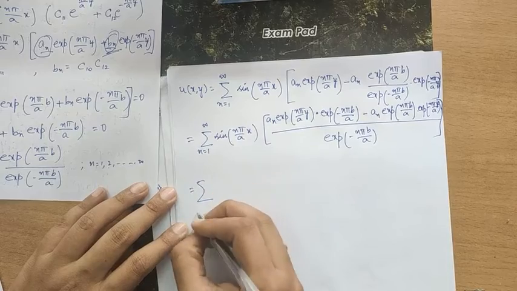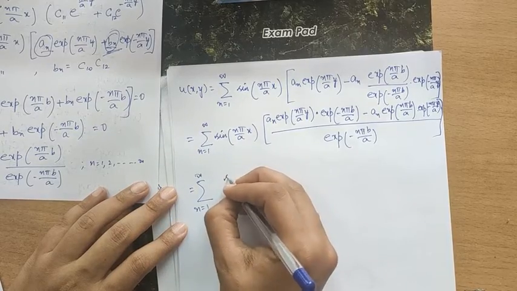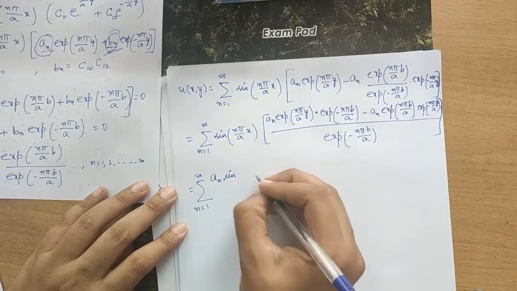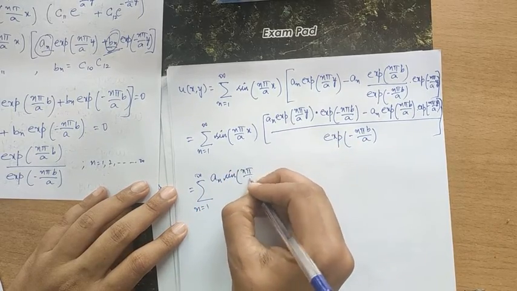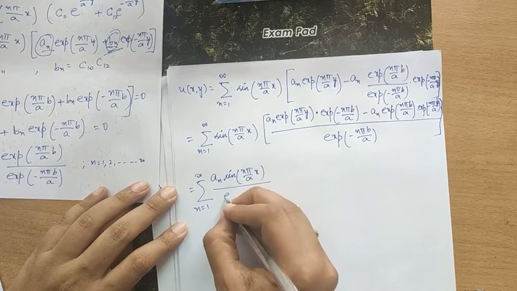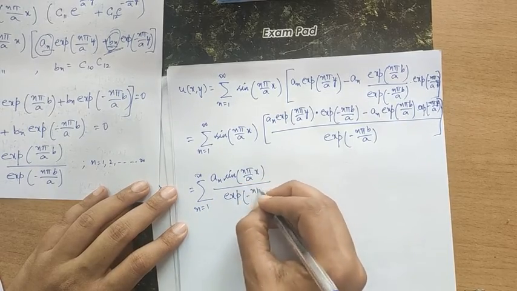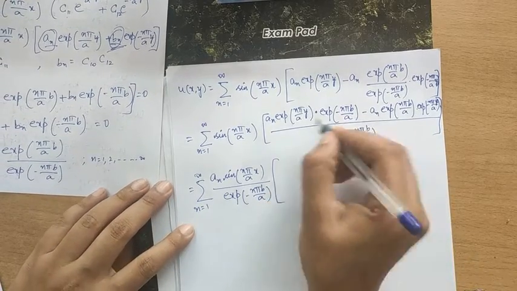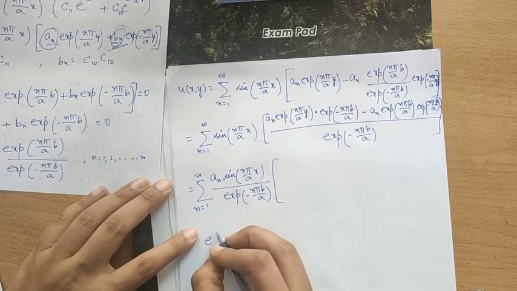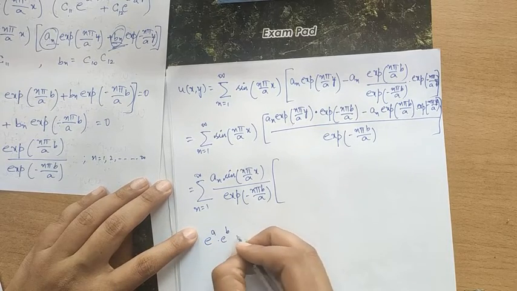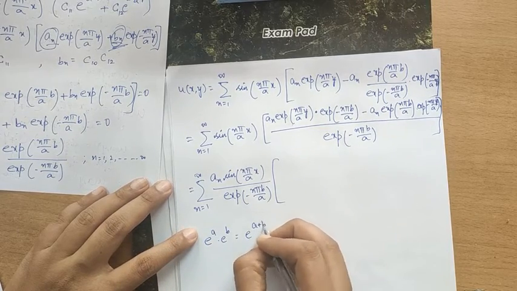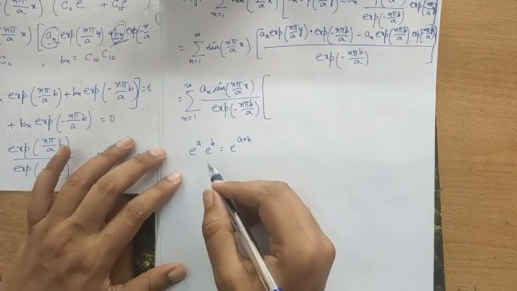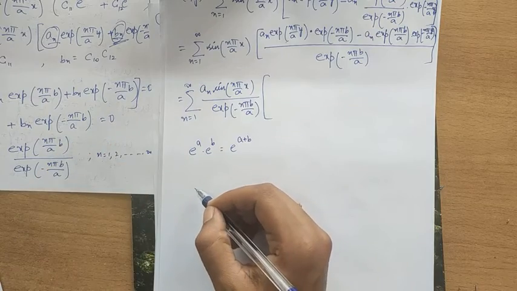This is nothing but summation n is equal to 1 to infinity, I can take an outside, an into sin n pi by a into x divided by exponential of minus n pi b by a into, so this is nothing but e power a into e power b is e power a plus b, correct? Properties of law of indices.